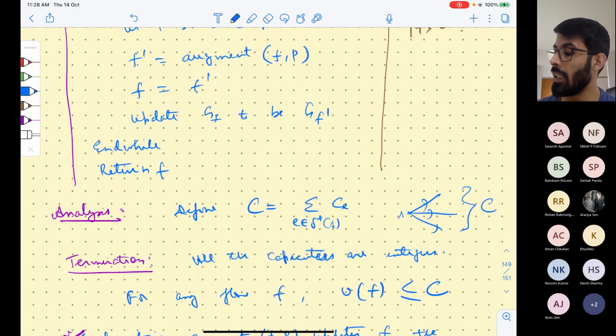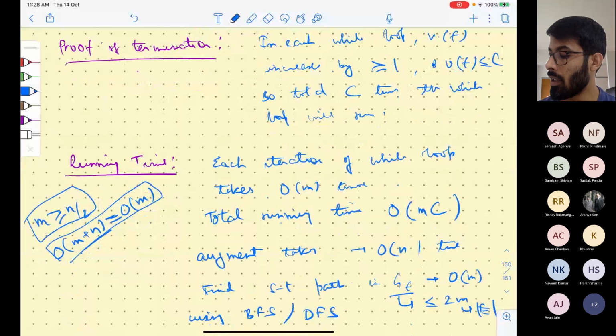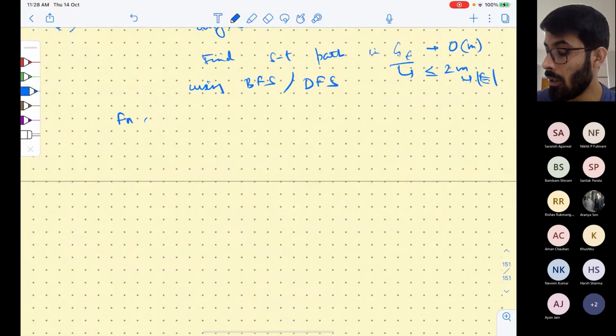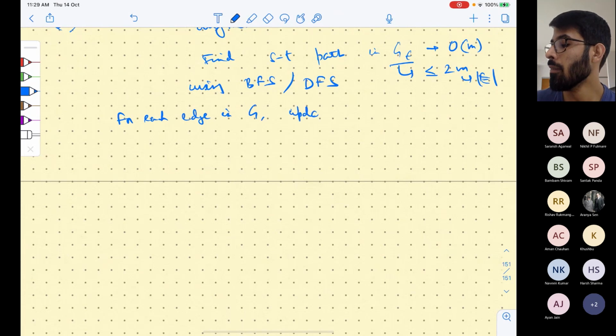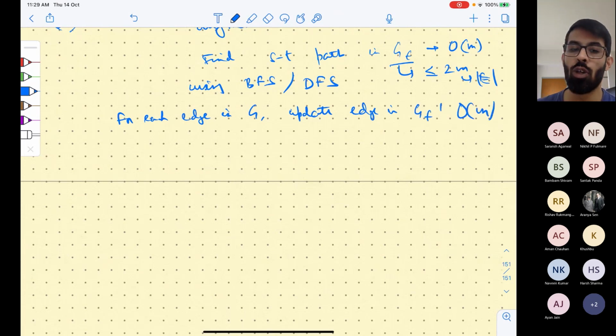And then you want to update GF to be GF prime. And that can, again, for each edge in G, you can update the edge in GF prime. So again, order m time. But as somebody was suggesting, you can do it faster by just updating the edges which are there in the path.